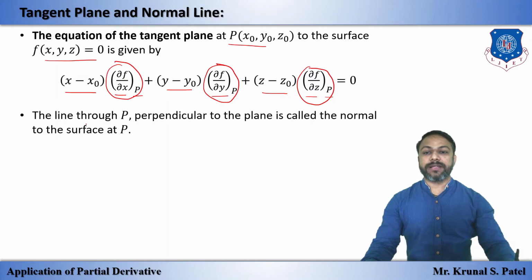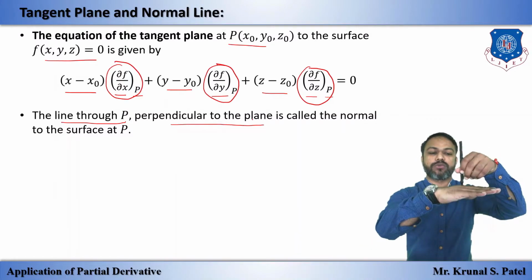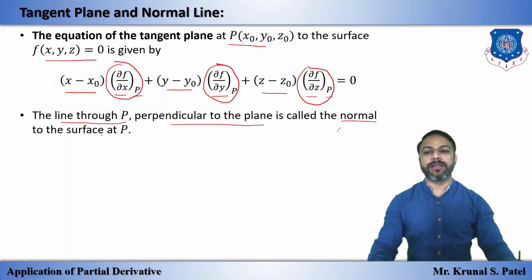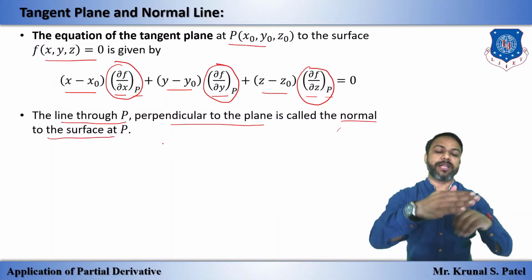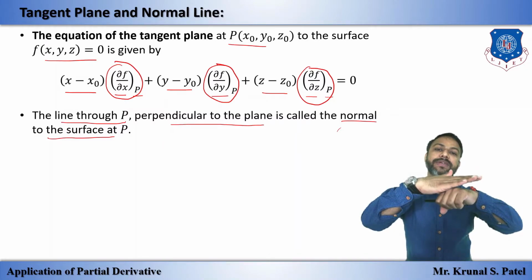Similarly, the line through P perpendicular to the plane is called the normal to the surface at point P, the same point P where the plane touches the surface.